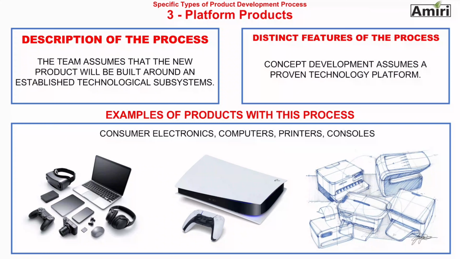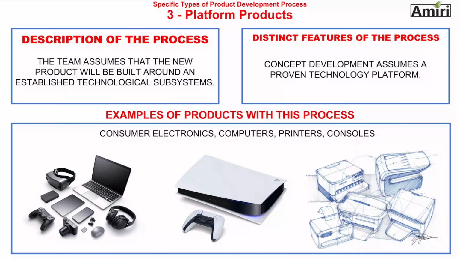Many new smartphones or gaming systems are built around established hardware and software, and then they make improvements in the software and in the design. So they're building upon an existing technology. Oftentimes, platform product also refers to products that all interconnect with each other based on an existing technology.